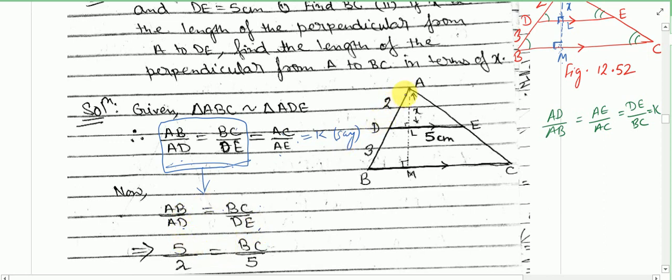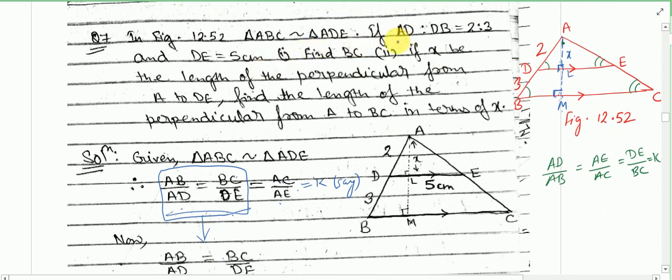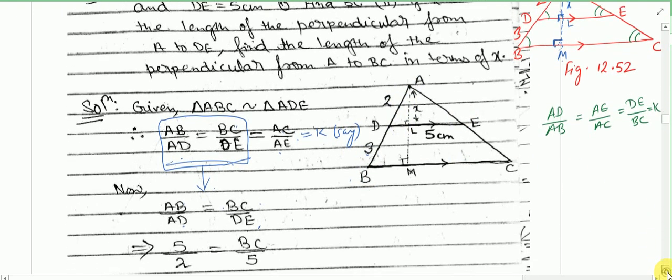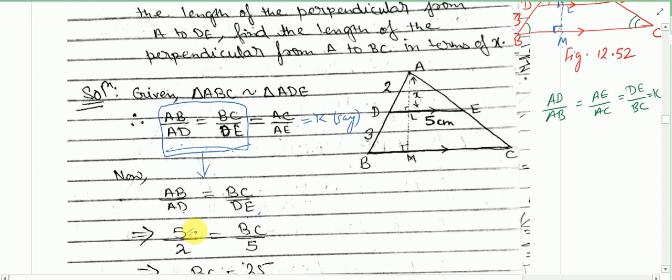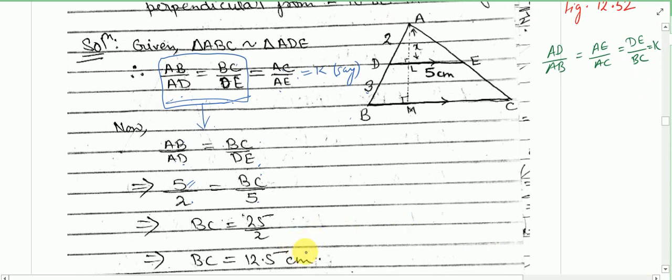As you can see, AD upon DB was already given as 2:3. So I can write 2 and here 3. So this AB will be 5, and AD 2. BC I don't know, DE I know, 5 is given. I will solve and I will get the value for BC as 12.5 centimeter.